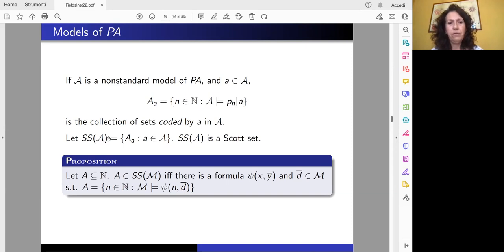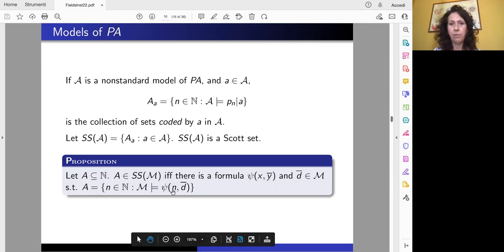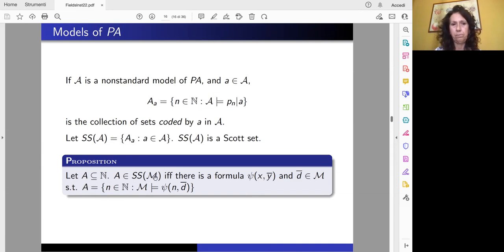The collection of these subsets coded in A forms a Scott set. And it corresponds also to the sets definable with parameters in the model M.